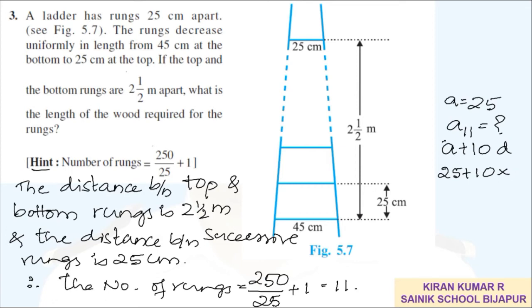Sorry. 11th term is directly to be considered as 45. Sorry for that. A11 is 45 because they have given that uniformly in the length from 45 centimeter to 25 centimeter. So if you revert it, 25 centimeter will be the first and last will be 45 centimeter.